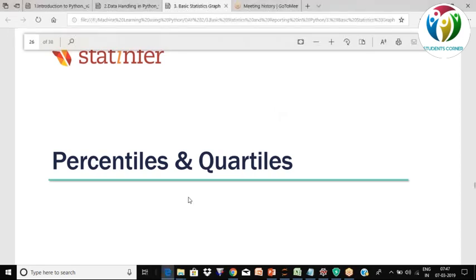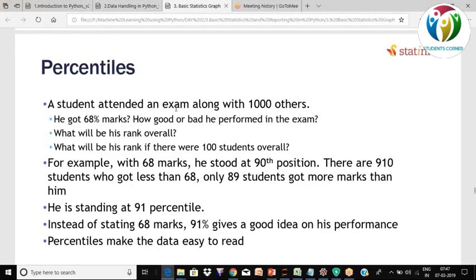Okay, let me show you. So a student attended an exam along with 1,000 others. Okay, he got 68% marks. Now we want to see how good or bad he performed in the exam.